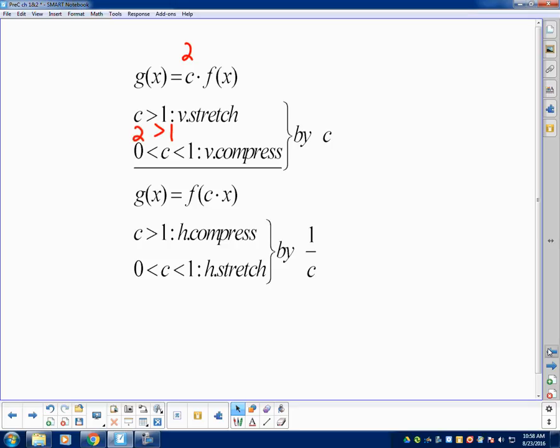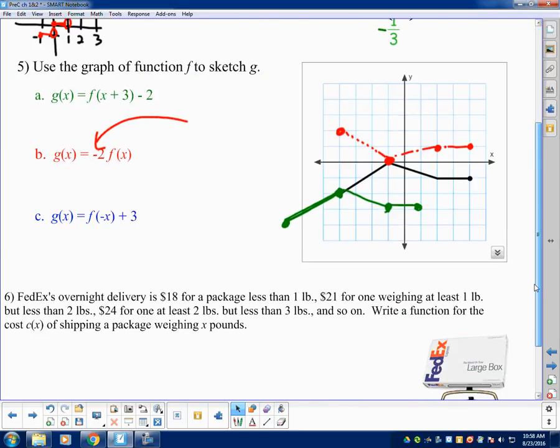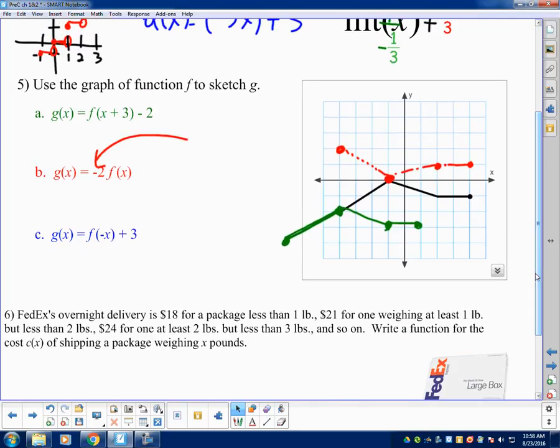That means going back to here, vertical stretch by 2, that means each value is going to be multiplied by 2, at least the y value. So you see this one right here? It's at 2 units above the x-axis. It's now going to move to 4 units above the x-axis. So 2 times 2 is 4. The one that's sitting at 0 on the x-axis has a y value of 0.